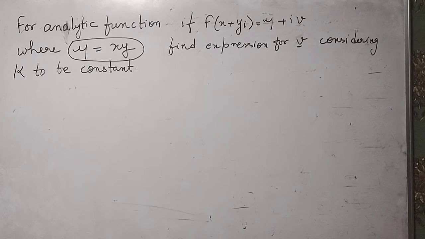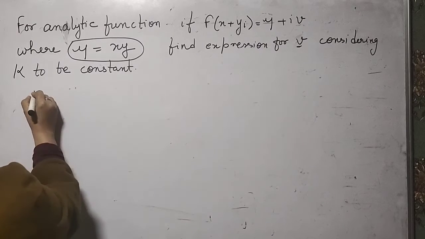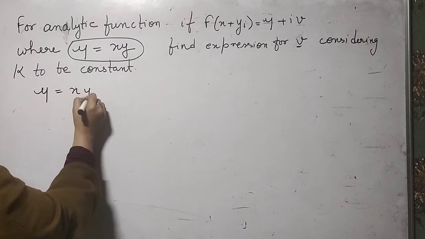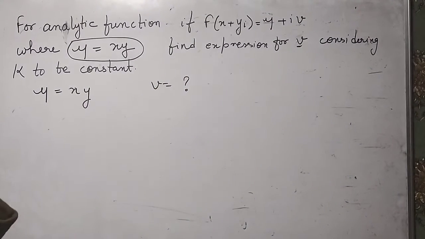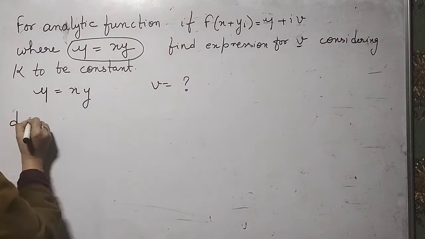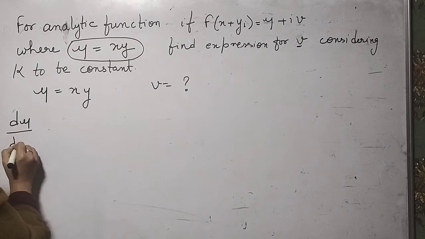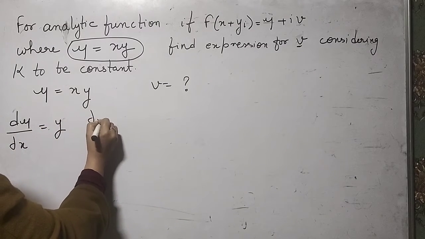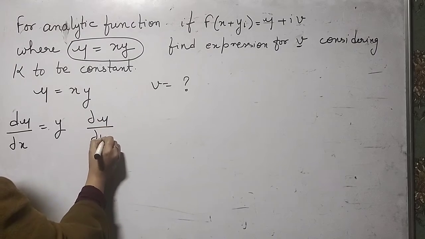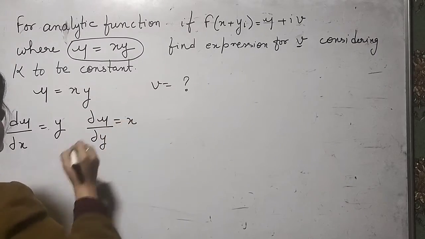Now consider this question for the analytic function. It is given that u is equal to xy and we have to find the value for the v. So when we differentiate du with respect to delta x, we get y, and du with respect to delta y, we get x.